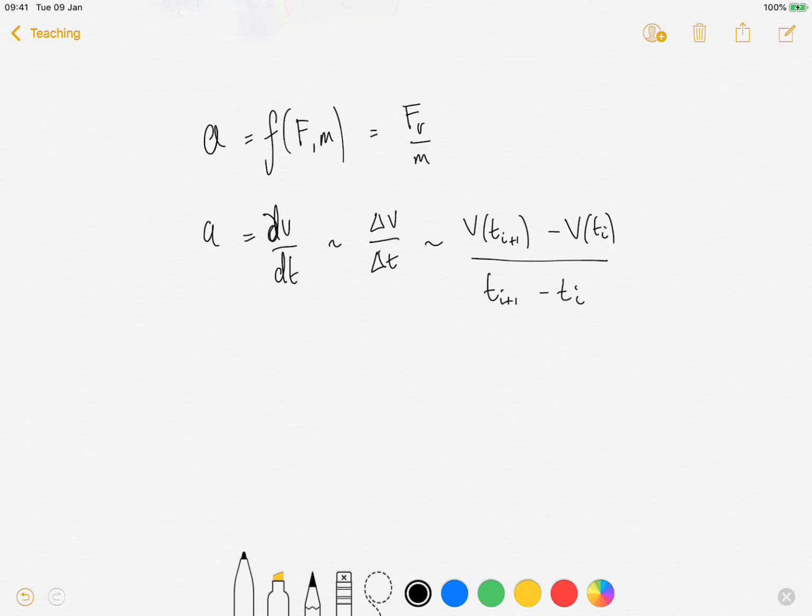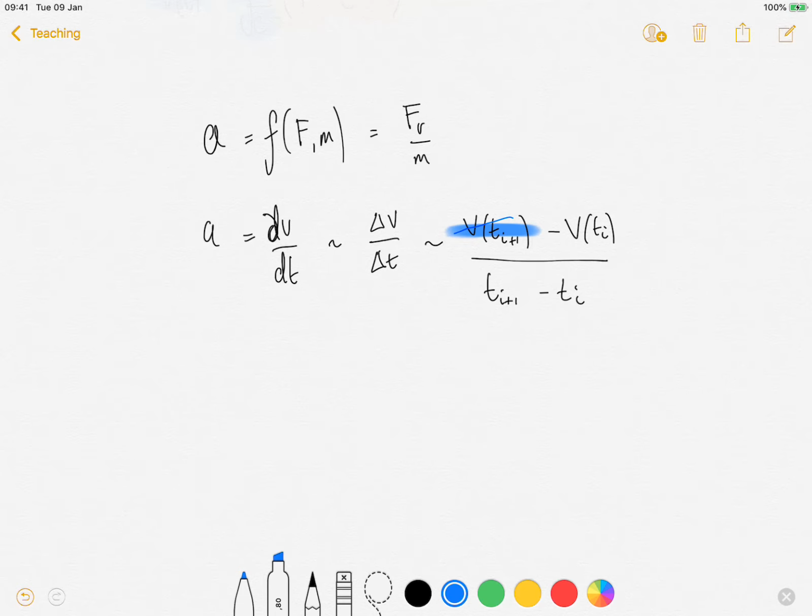Now, v of t at time i is our initial velocity, and the velocity at our next time step is defined here as v at t i plus 1. The denominator here represents our step size, or the difference in time.